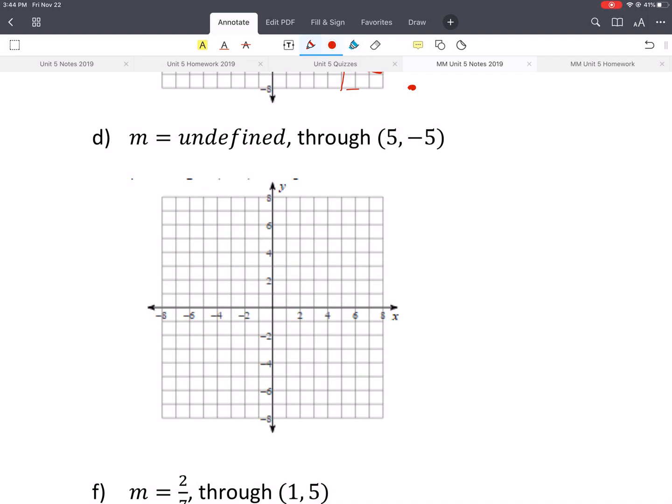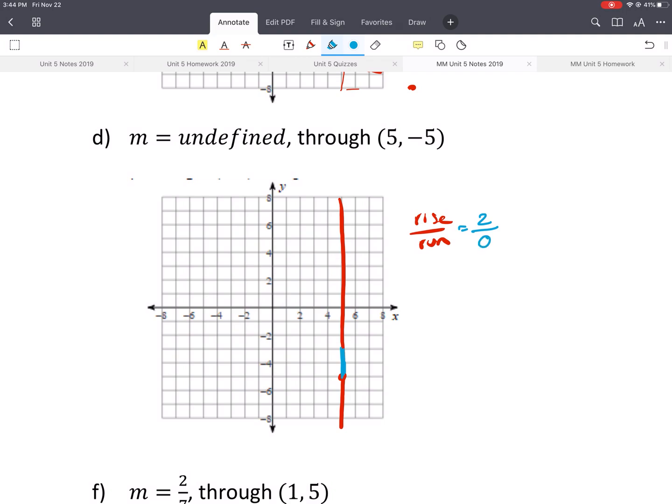The other side is undefined. This one uses the same point, 5, -5. And undefined, we talked about, is a vertical line. If you were to do the slope as rise over run, you could go up 2, but then your run would be 0.